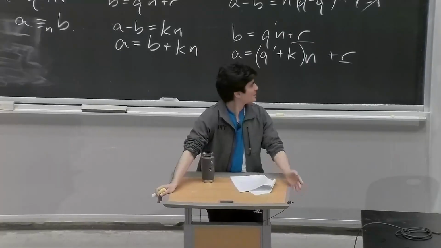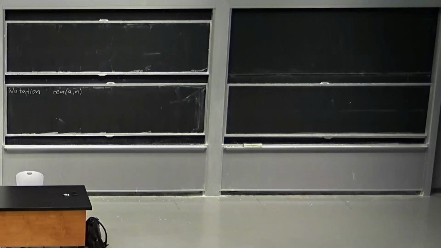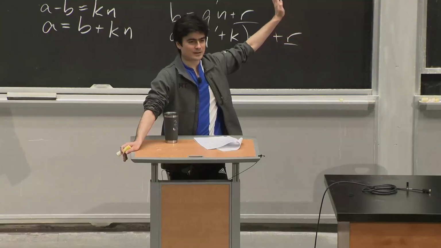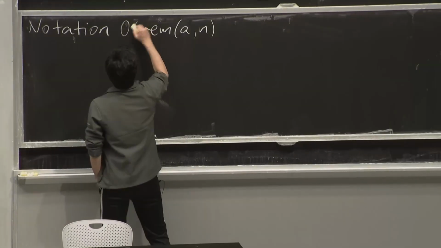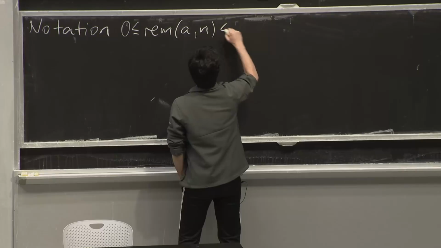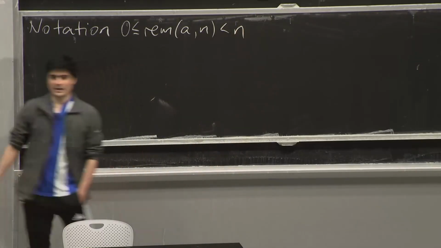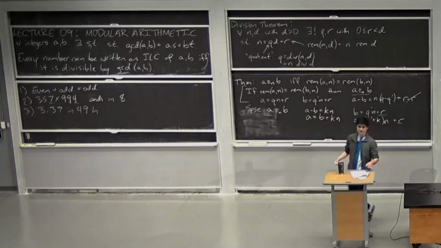In this class, whenever we write rem a comma n, we always mean the positive, or the non-negative remainder. So this is always going to be between 0 and n. Okay?